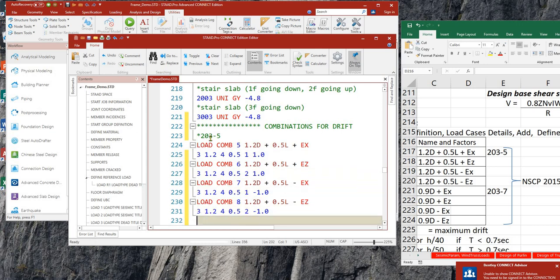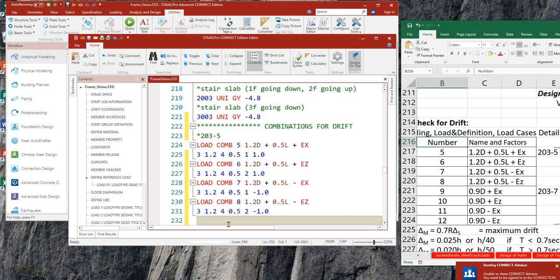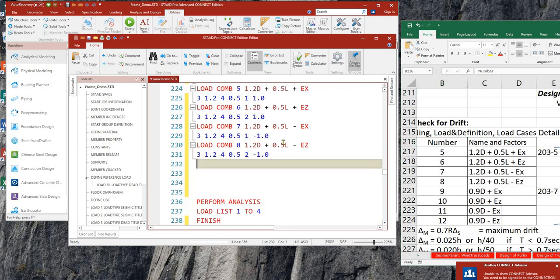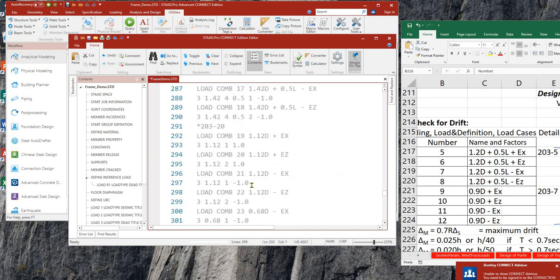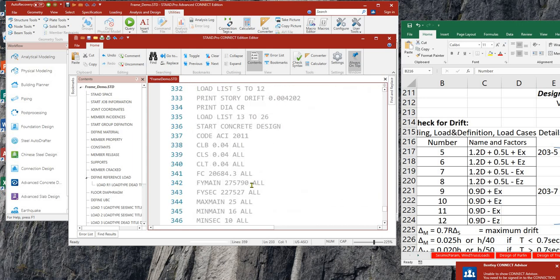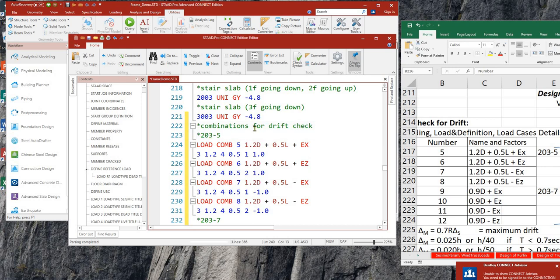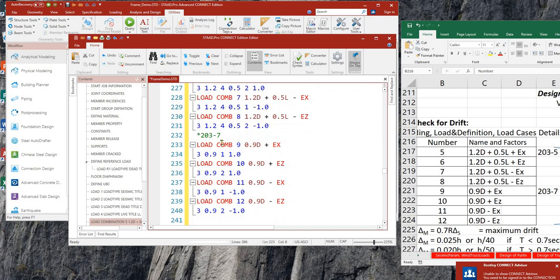Then the next would be 9 to 12, 203-7. Yan. 203-7. And this is how it looks. Okay, so combinations for drift check: 203-5 and then 203-7. So, let's save it. Then exit.